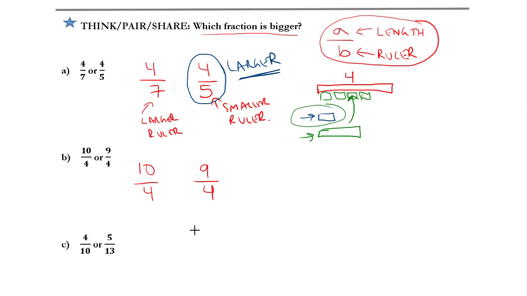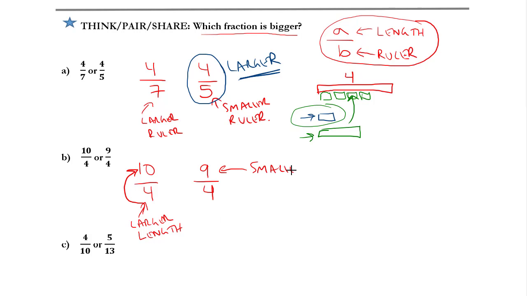In this case, we have the same ruler size. The ruler size is 4 in both cases. The only difference is the length. So if I'm using the same ruler, but I have a larger length, here this is talking about the 10, which is a larger length than the 9, which is smaller.